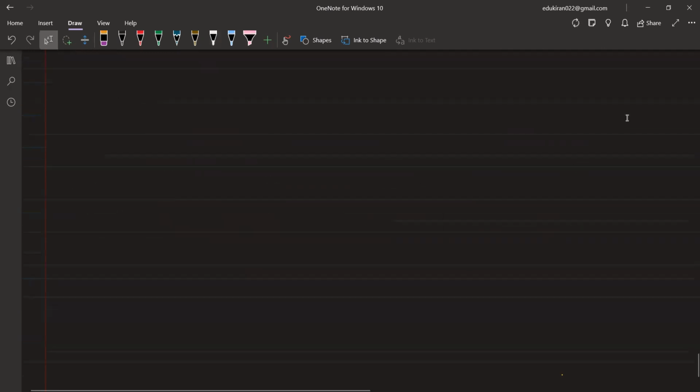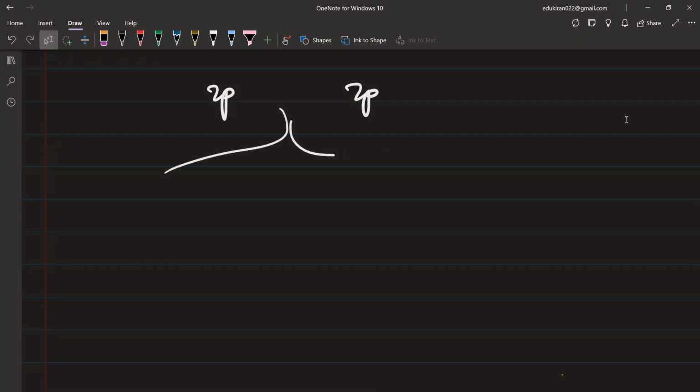Okay. Now, if I am going to mix 2p and 2p, please tell me, guys, what am I mixing here? 2p and 2p. What molecular orbitals are going to get formed? How many molecular orbitals will be formed for 2p, 2p?